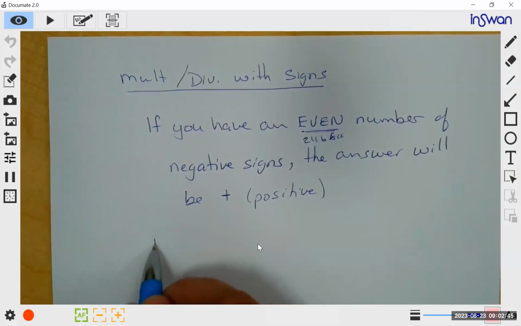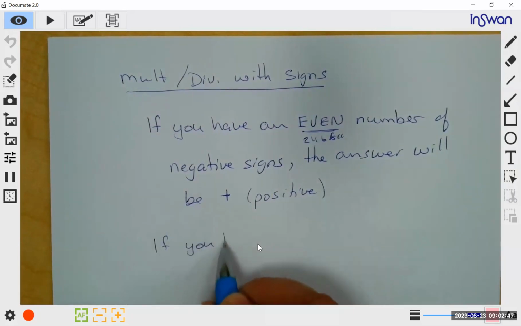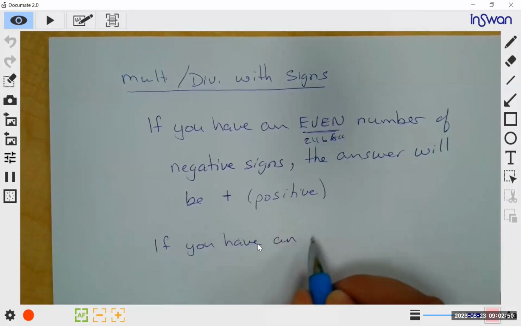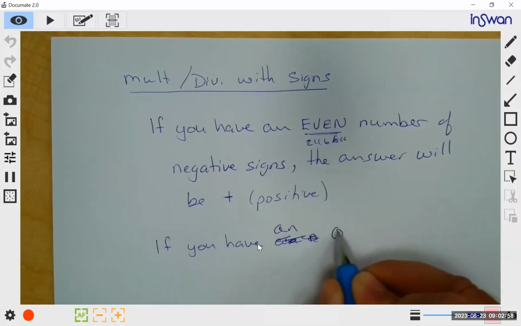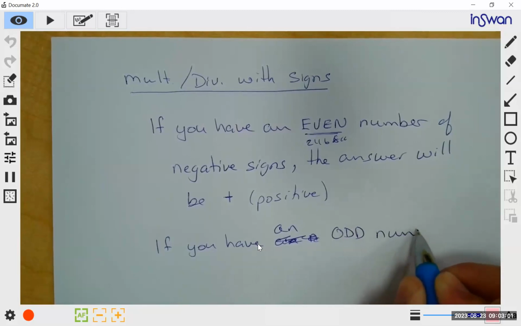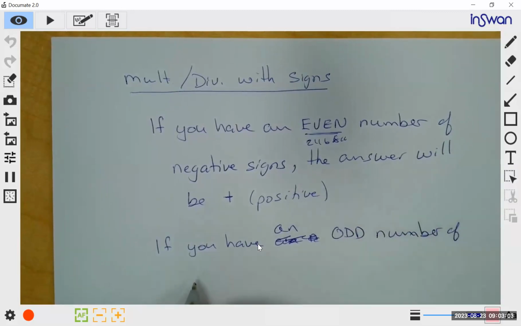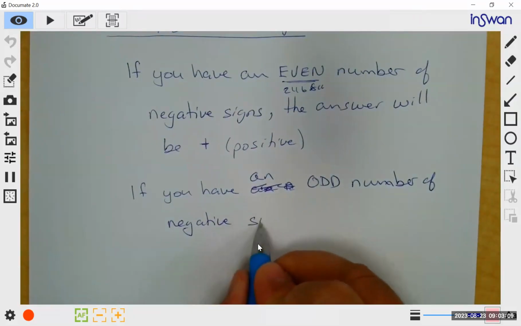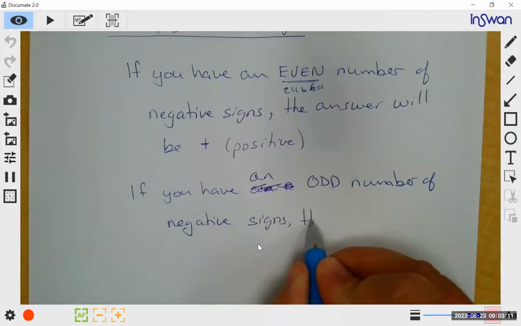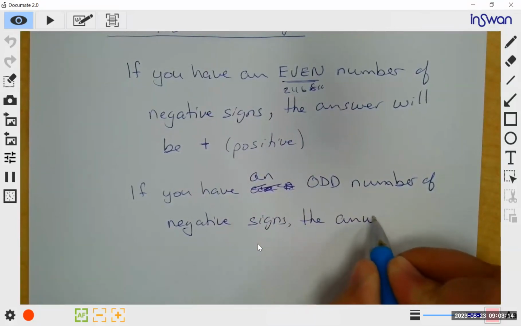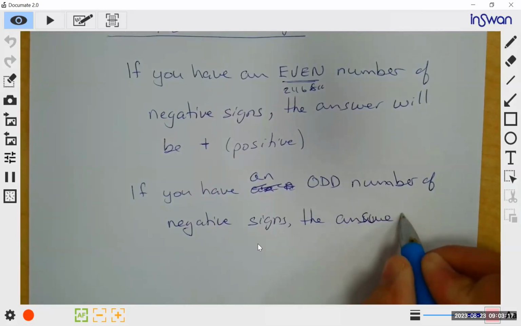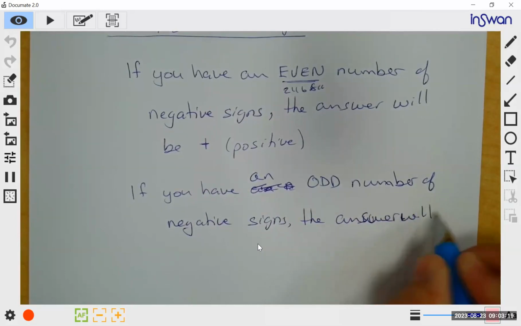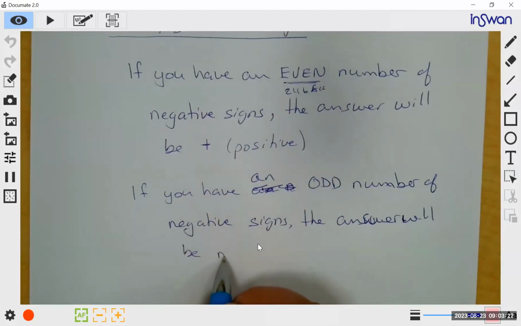If you have an odd number of negative signs, the answer will be negative.